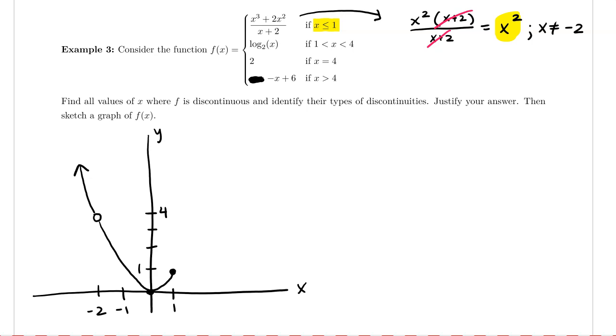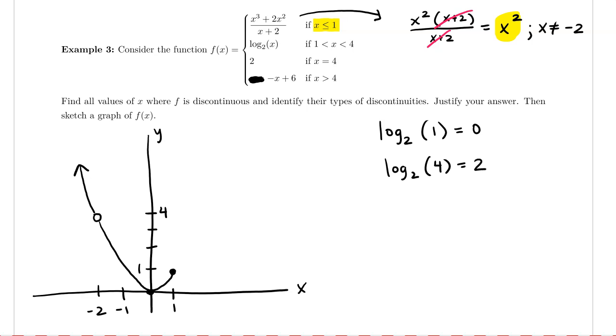And then for the second part, we have the function log base 2 of x when x is greater than 1 and less than 4. So our function's not defined by this logarithm when x equals 1 and x equals 4, but I can still see what the values would be if we evaluated this. Log base 2 of 1 is equal to 0, and log base 2 of 4 is equal to 2.